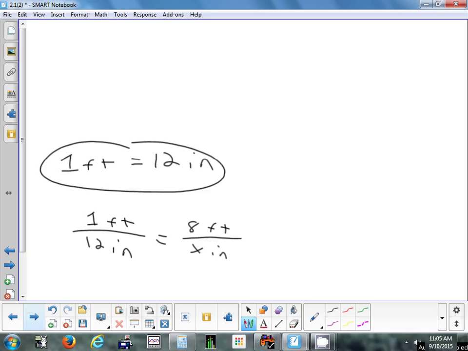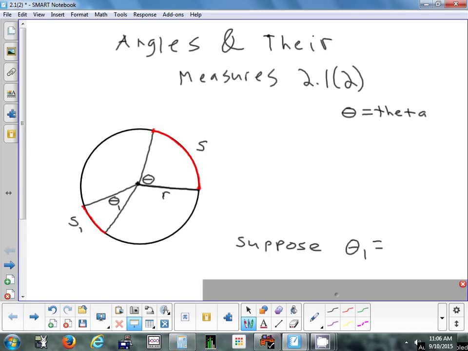That's a fact that we know, just like this. This is a fact that we know. We can use this fact to figure out anything we want to know about feet and inches. From yesterday, I taught you guys a fact, that if your angle is equal to 1 radian, then the size of the arc matches the radius. So suppose that angle equals 1 radian.